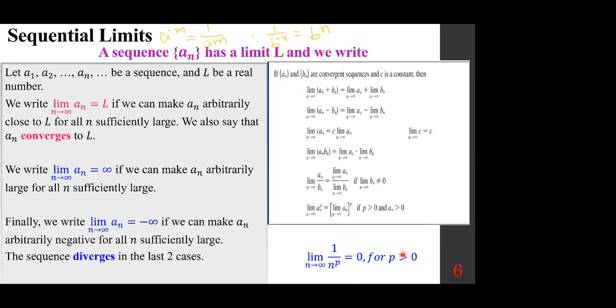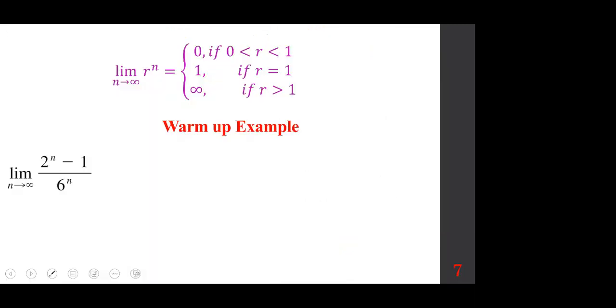Now we are going to look at an example, a warm-up example, and let's refresh everybody's memory. The limit of r to the power of n as n approaches infinity depends on r. If r is between -1 and 1, not just 0 and 1, even between -1 and 1, the result is 0.